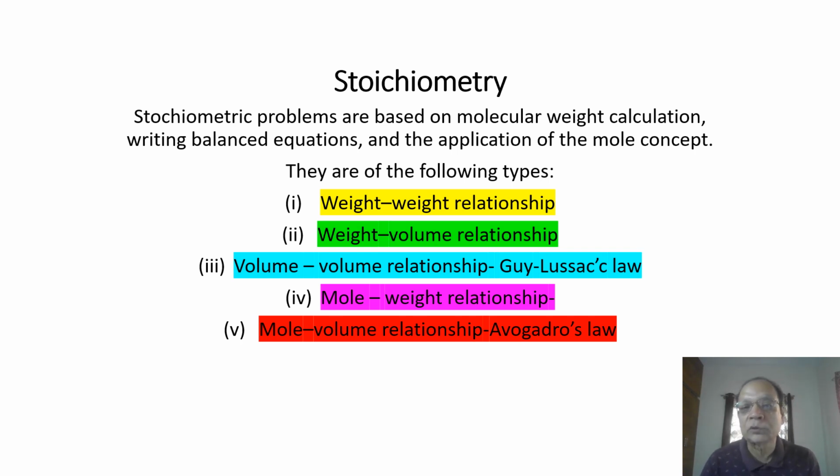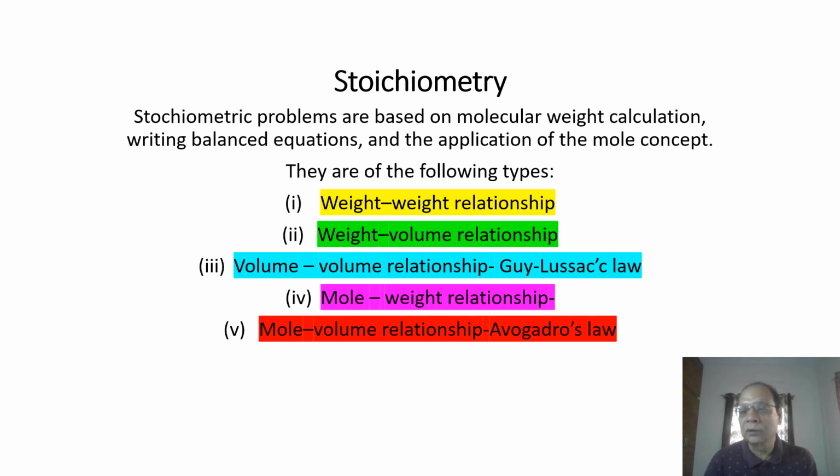Volume relationship based on Gay-Lussac's law of combining volumes. Mole weight relationship, where mole of one compound is given and weight of another compound is to be found by relation. Mole volume relationship, as we just saw, 1 mole is equal to 22.4 liters or dm cube at STP. So that relation has to be used in mole volume calculations involving Avogadro's law.